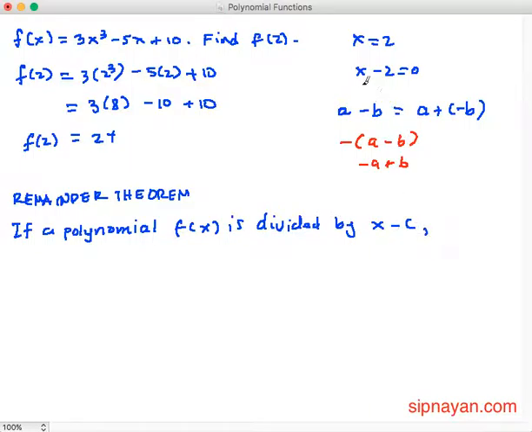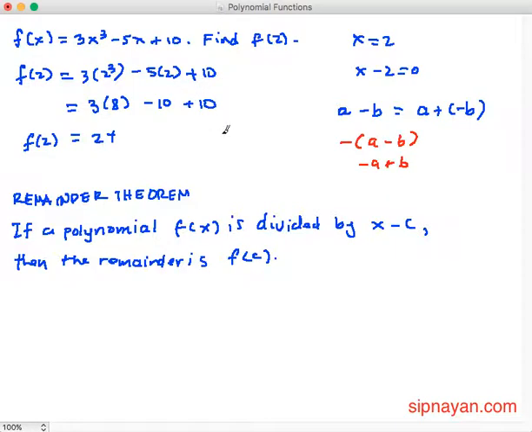Yung x minus c natin, ito yung x minus 2 kanina. Then, the remainder is f of c. Okay? So, nakikita niyo yung connection.